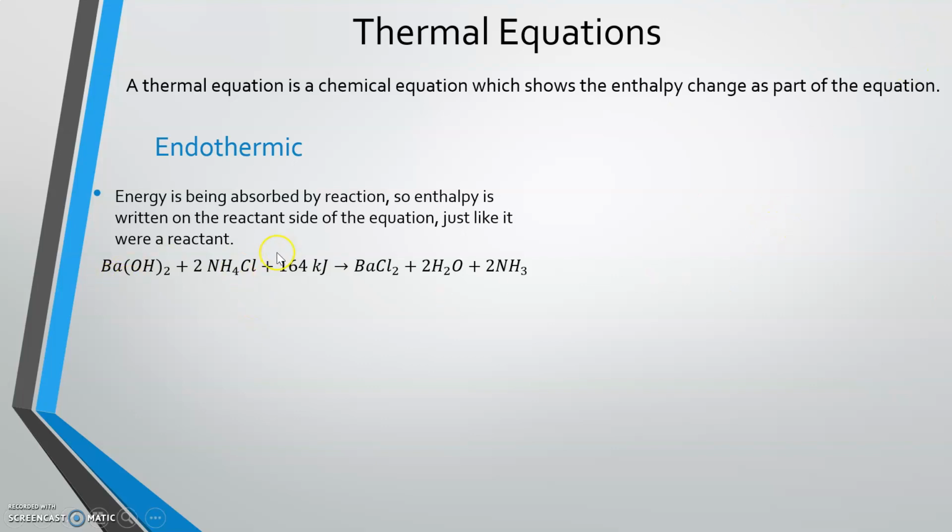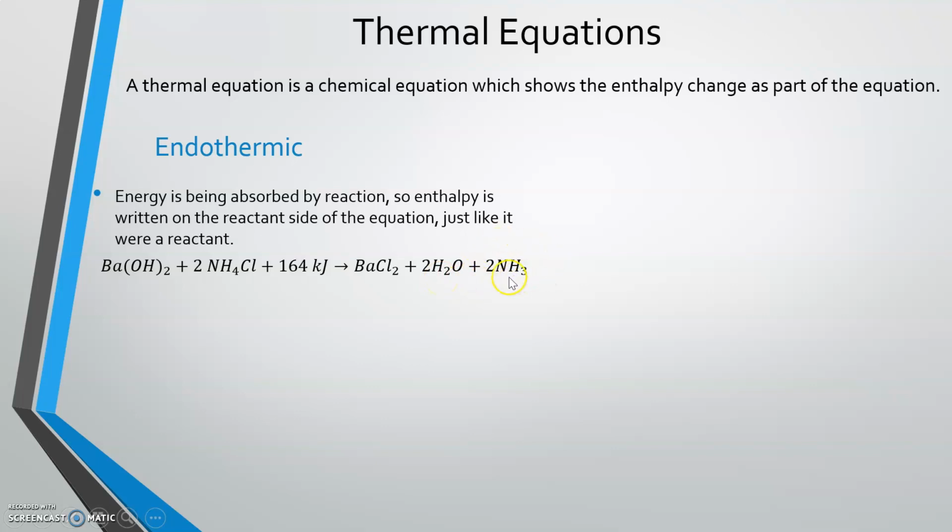So it absorbed energy from the surroundings, which is why the ice droplet froze and allowed the beaker to stick to that wooden block. So it absorbed the energy, and what happened? It was able to convert the reactants into barium chloride and water, because you saw it get wet.